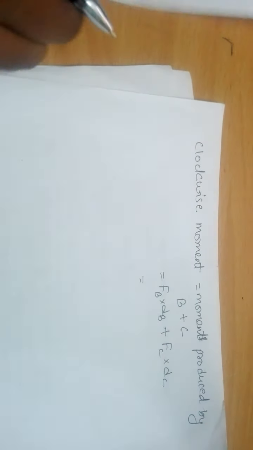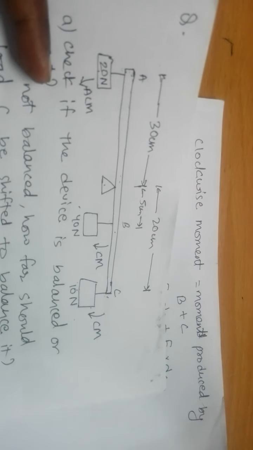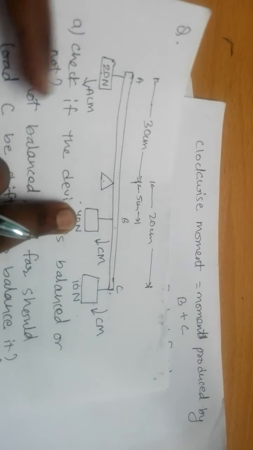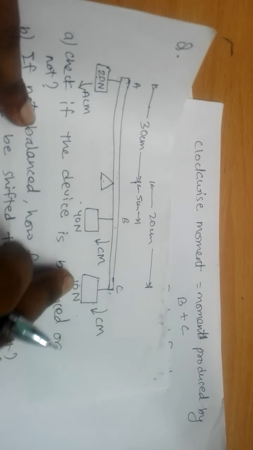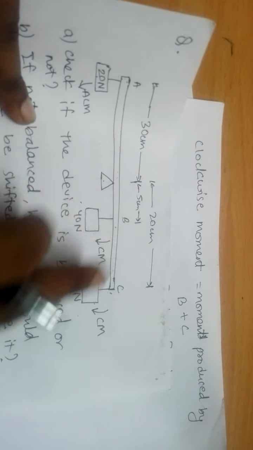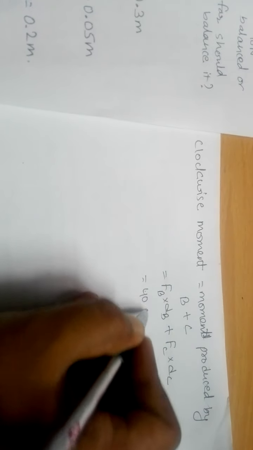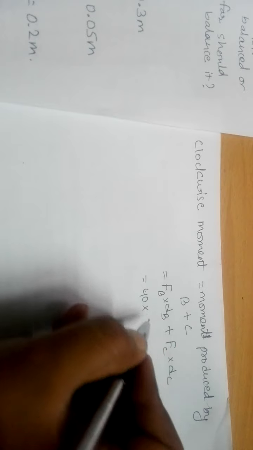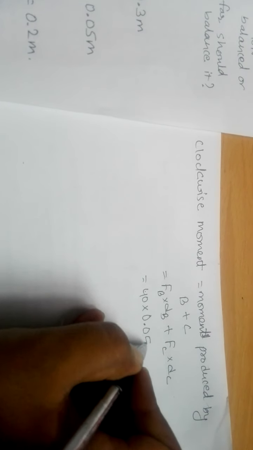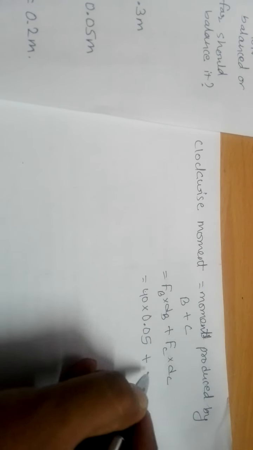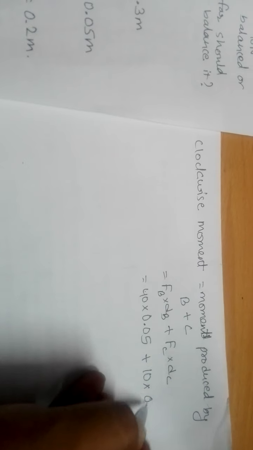Now get the data from the figure once again. FB is 40 Newton, FC is 10 Newton. DB is 5 centimeter and DC is 20 centimeter. So FB 40 into DB 0.05 meter, plus FC 10 into DC 0.2 meter.